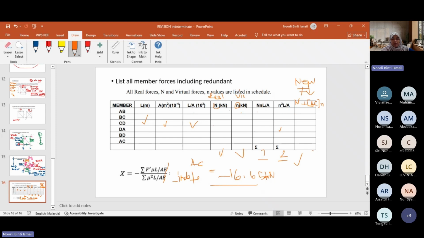So the last column, after you find negative 16, you then find another one. So now you can see the flow.